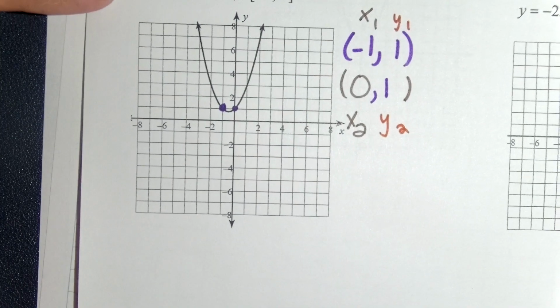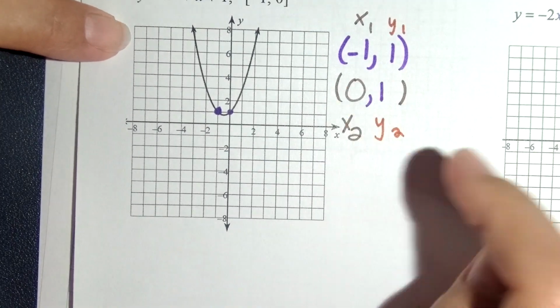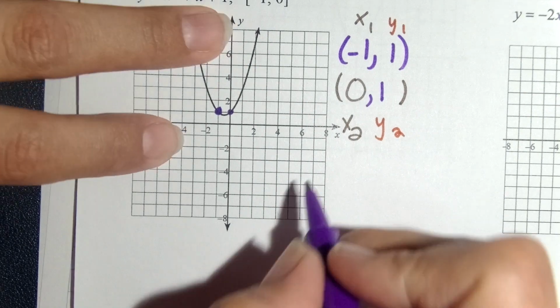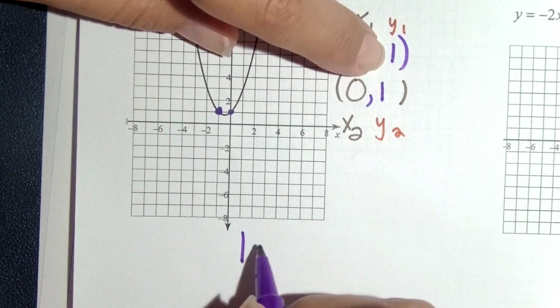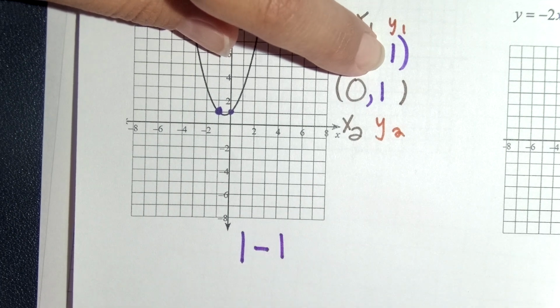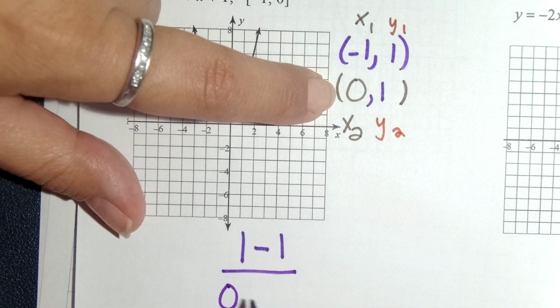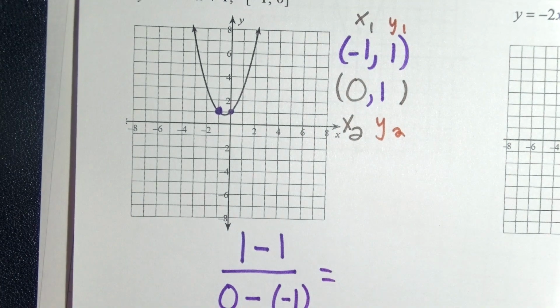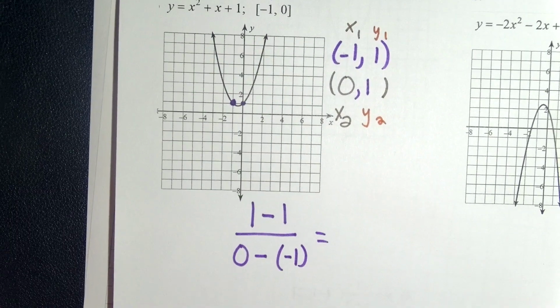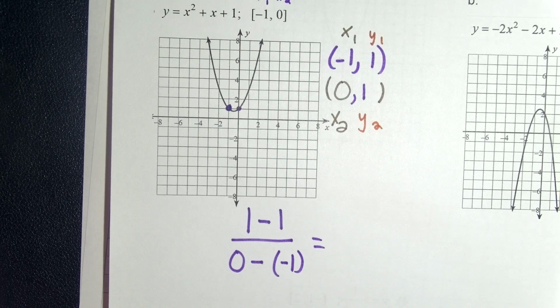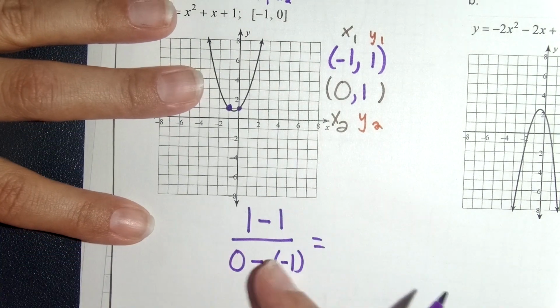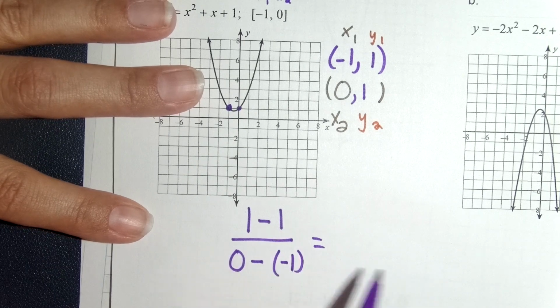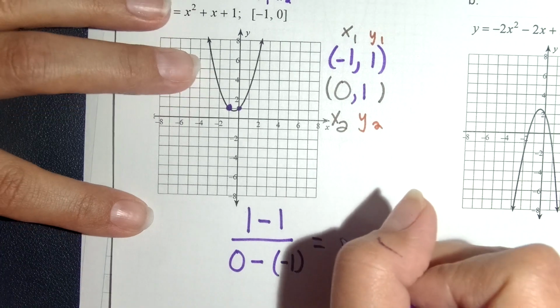Okay, so now we're going to substitute into our slope formula. We have y2, which is 1, minus y1, over x2 minus x1. Questions? Going too fast, too slow, just right? And now I'm going to put this into the calculator, and you would get 0.